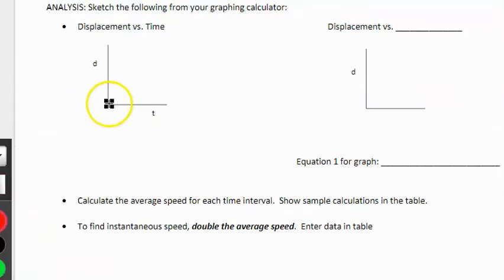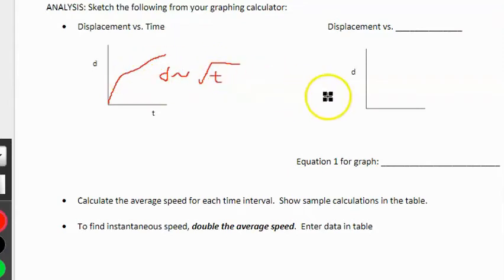So I just want to remind you what you have to do. Suppose it's a graph that looks like that. I'm not saying it's going to look like that, but we would recognize that as a square root, right? So we would say d, and this is really hard for me to draw, is proportional to the square root of t.